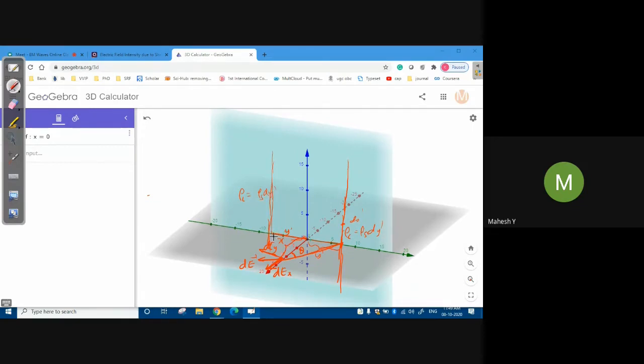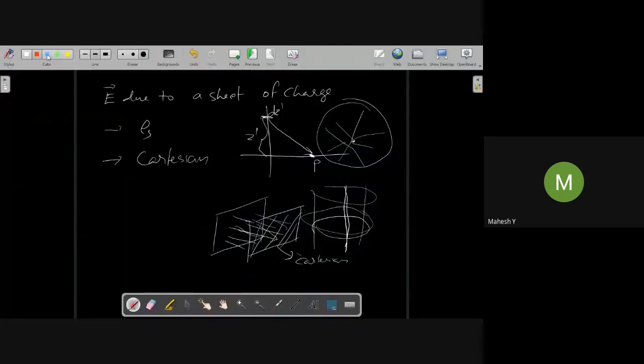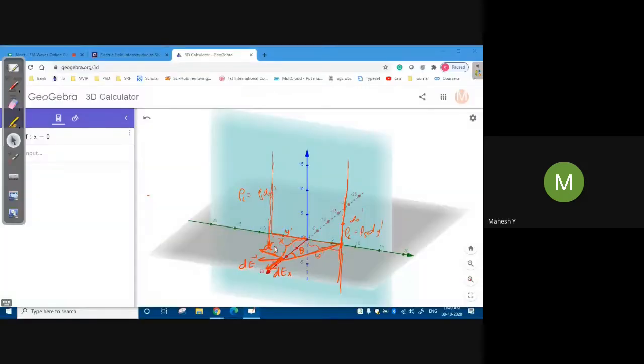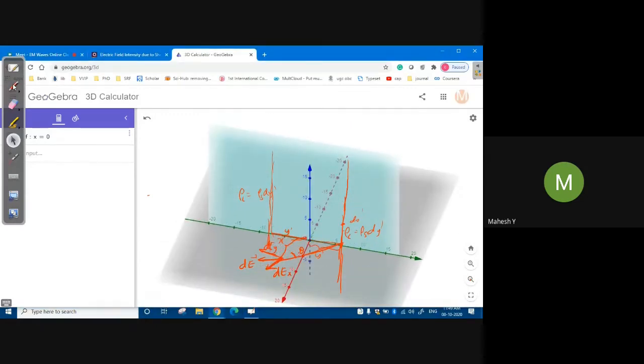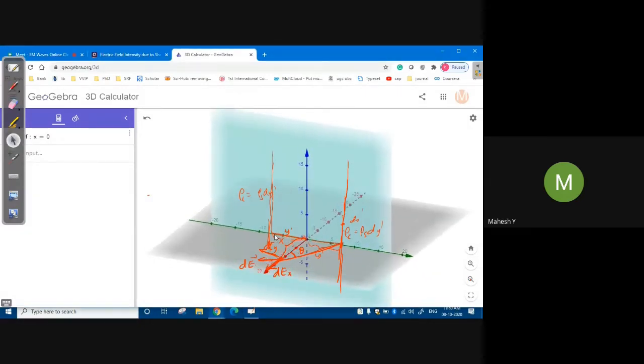And the field due to that, let me mark in another color, so this is the line joining these two. So the field due to that will be in this direction. I think this is visible, right? Is this visible?